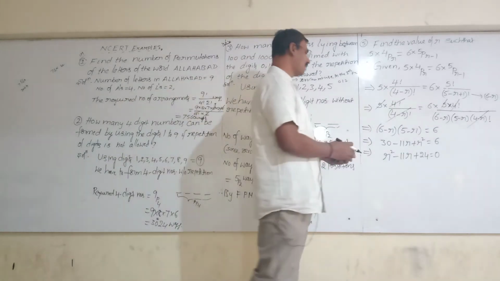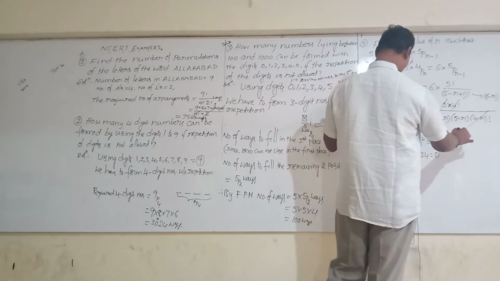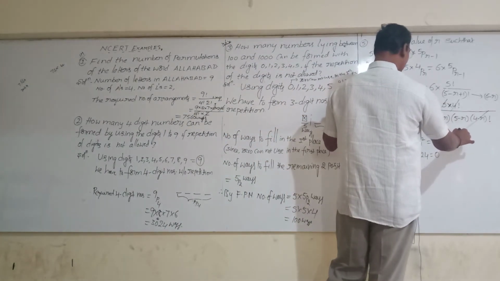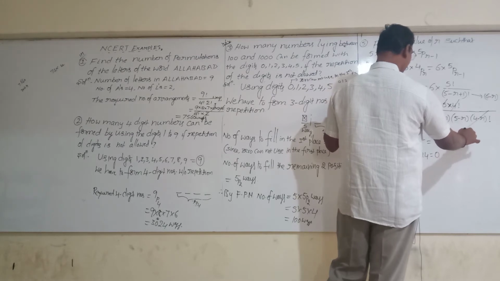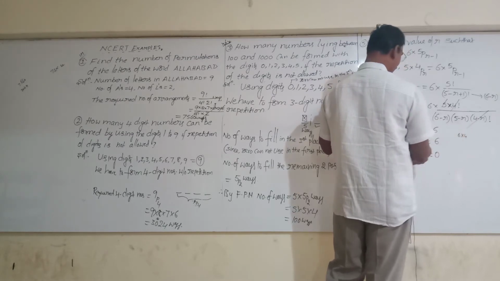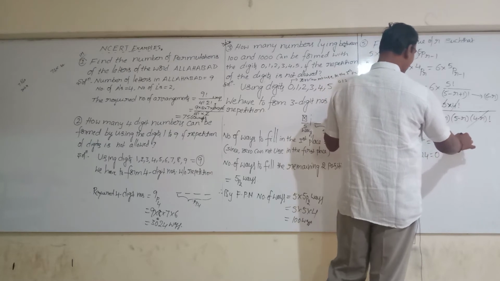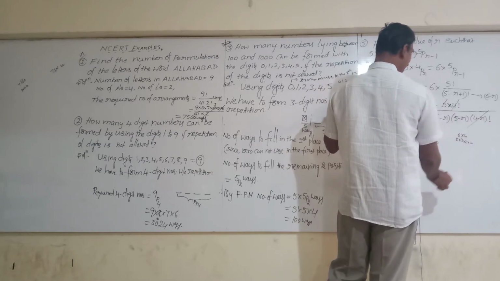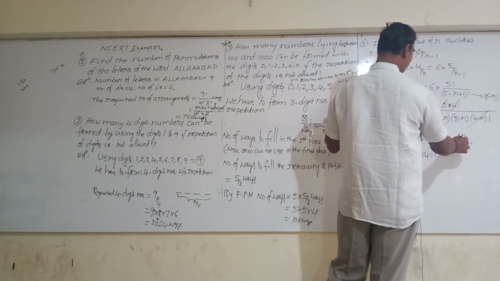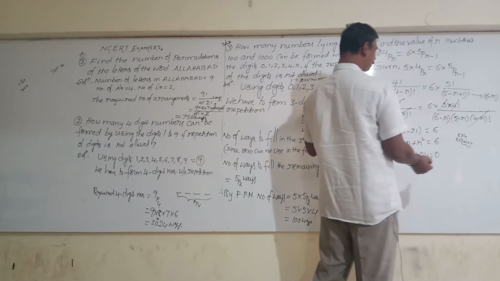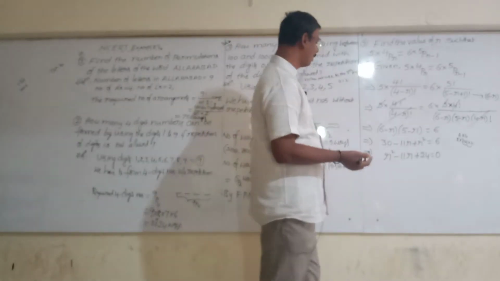What are the factors here? 24 is there. How to write? 6 into 4. 10 only there here. And 2 into 3 into 2 into 2. 6, 3 to the 6. 12. 12 into 2. 24.